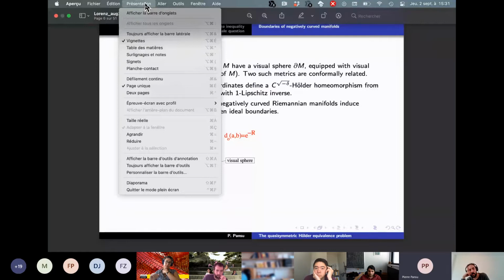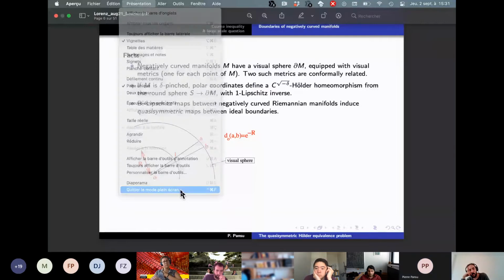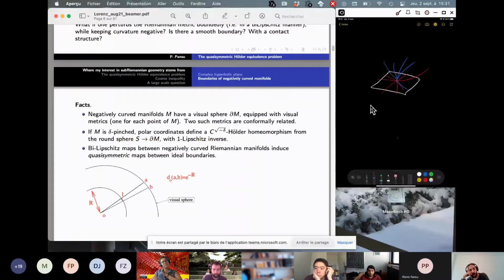Delta-pinched means that the sectional curvature varies between -1 and delta, not minus delta, delta. So here delta is a negative number.